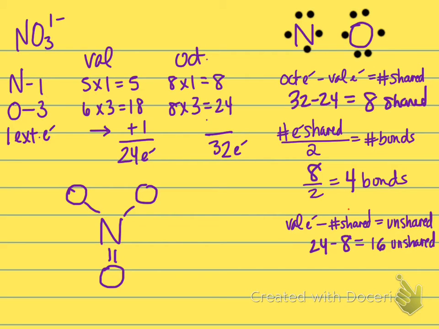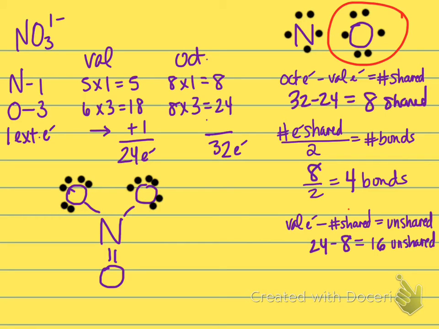Now, I also know that I have 16 unshared electrons, and if I look back at how oxygen started off, I think it's unlikely that oxygen shed those extra electrons. As a matter of fact, not only did nothing in here shed extra electrons, we picked up more electrons from out there in the world.